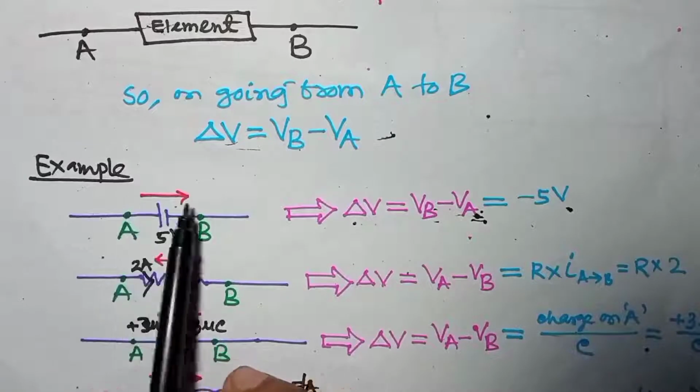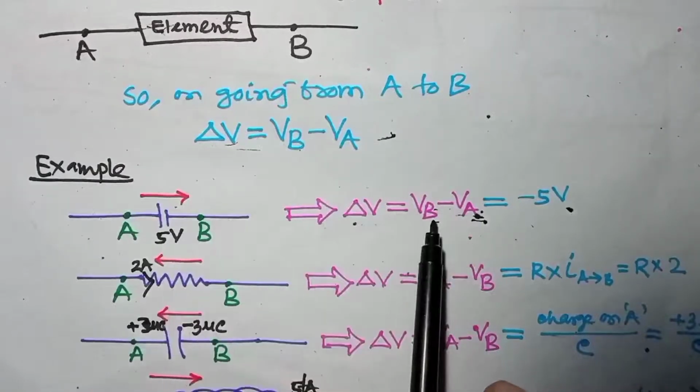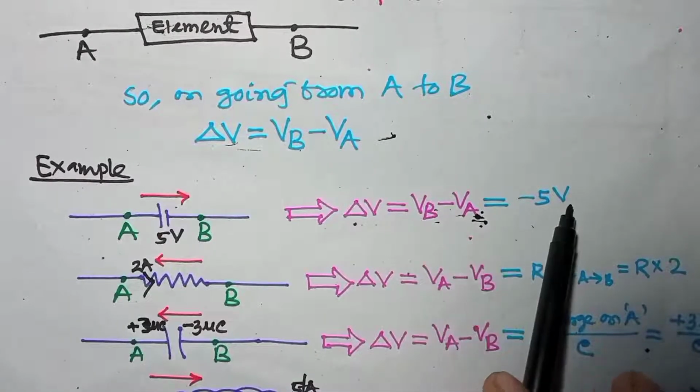So it should be VA minus VB is equal to 5 volt, but since it is asking about VB minus VA, it will be minus 5 volt.